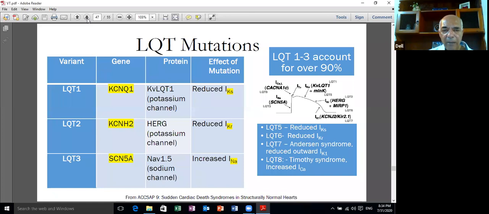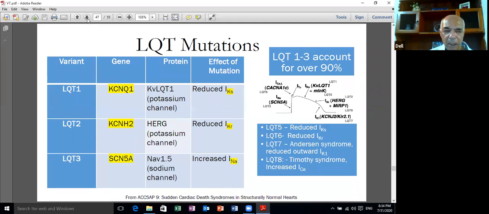You can identify them without genetic studies just by looking at the ECG, characterized by a broad, large T wave. These patients are highly responsive to beta blocker, and the polymorphic ventricular tachycardia associated with it is usually responsive to beta blockade.